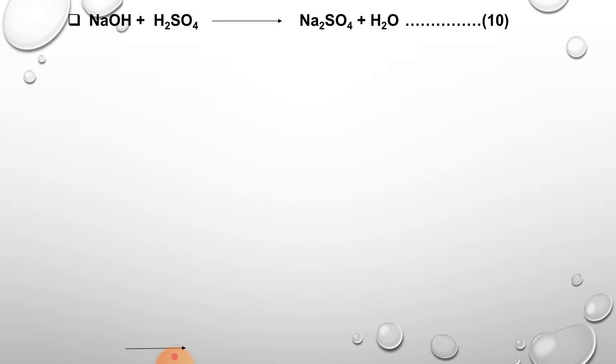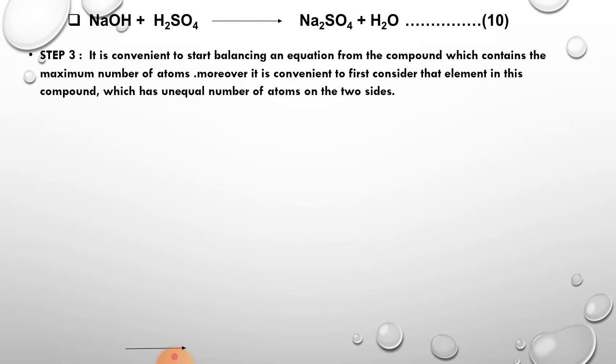So what we have to do over here, I have written the equation once again. Then what is step number 3? It is convenient to start balancing an equation from the compound which contains the maximum number of atoms. Moreover, it is convenient to first consider that element in this compound which has an unequal number of atoms on the two sides.